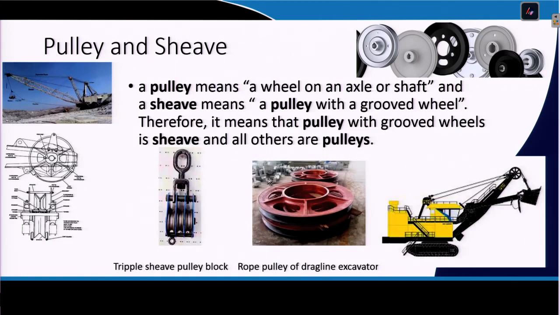Now, the most important thing in designing or selecting the pulley is that the materials must be proper, and what type of liner is given, because this will be subjected to high friction with the wire rope.